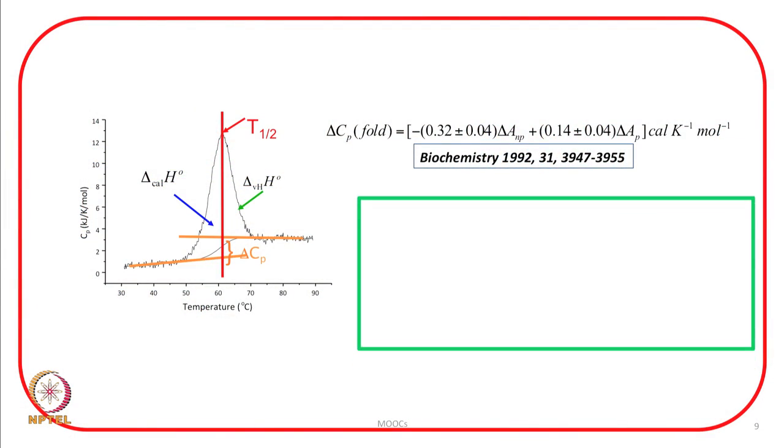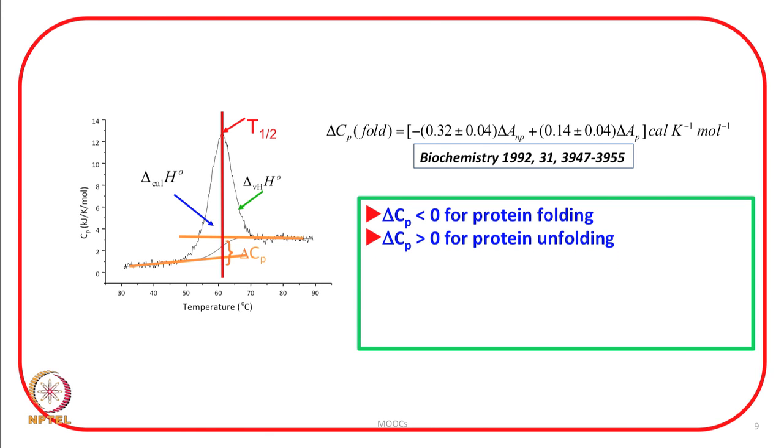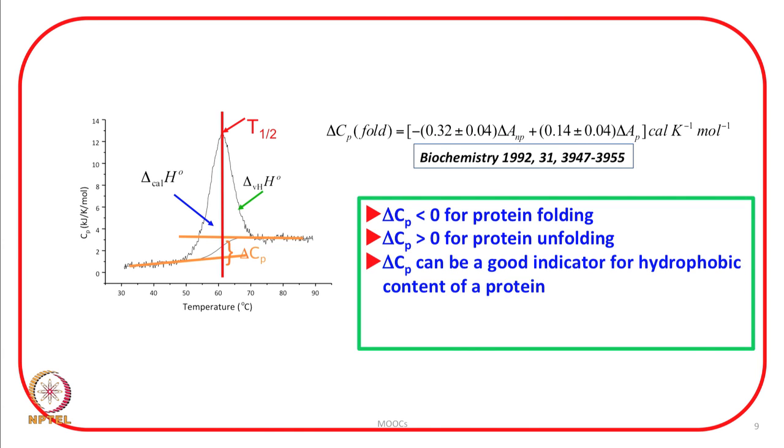So, let us take a look at the comments. When a protein folds, the hydrophobic groups are buried inside, and delta Cp is negative. For unfolding, delta Cp is positive because hydrophobic groups are getting exposed. Therefore, delta Cp can be a good indicator of the hydrophobic content of a protein.